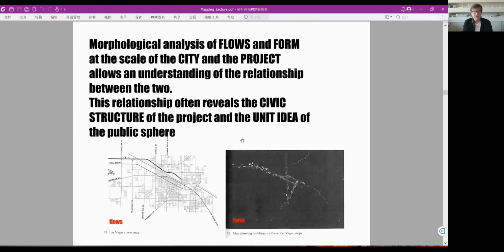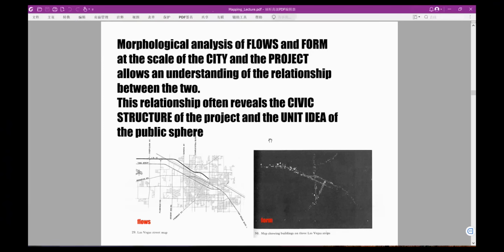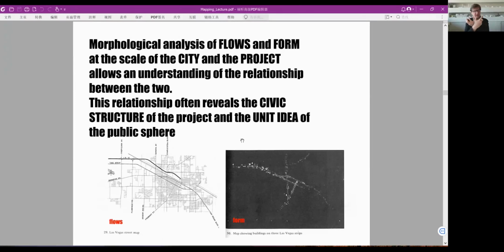Morphological analysis of flows and form at the scale of the city and the project allows an understanding of the relationship between the two. This relationship often reveals the civic structure of the project and the unit idea of the public sphere. So we try to understand not only the object, but also the surrounding of the object, the neighboring buildings, and in particular, the space in between.